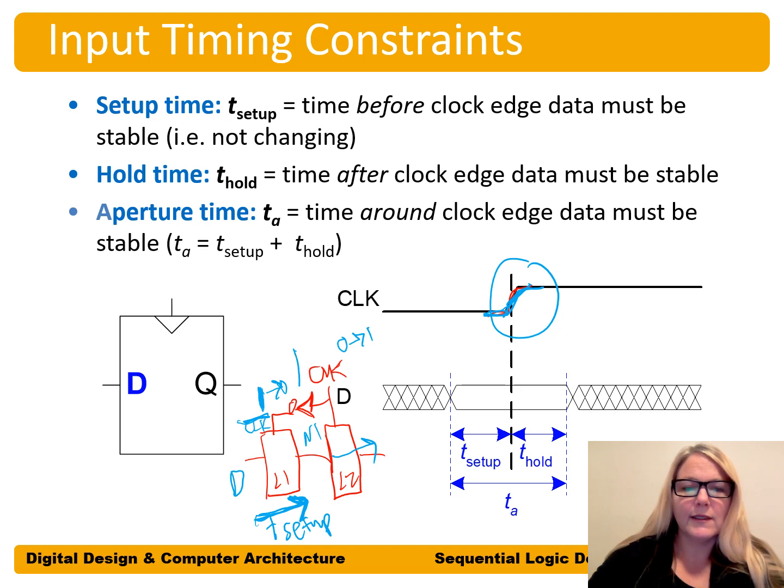What's that short time? Well, it's the delay of that inverter. So really the delay of that inverter is the hold time, because it says, hey, D can't change because actually D is still getting sampled after the clock edge until that latch gets shut off a hold time later.